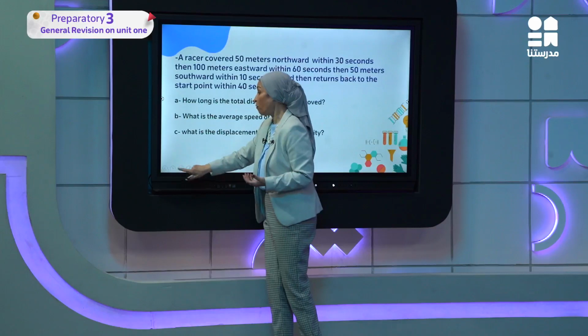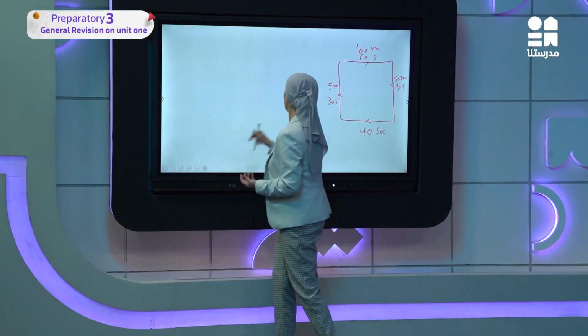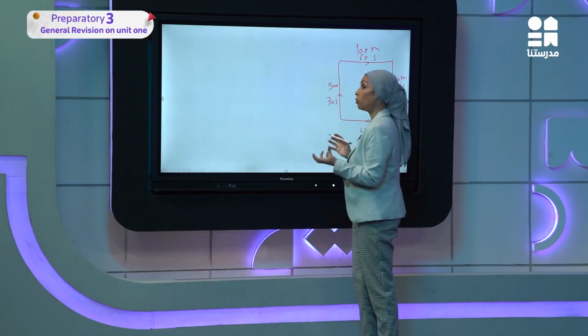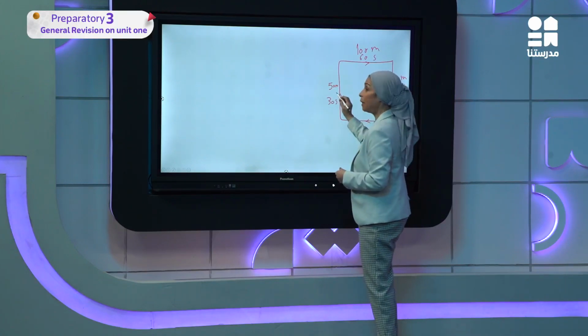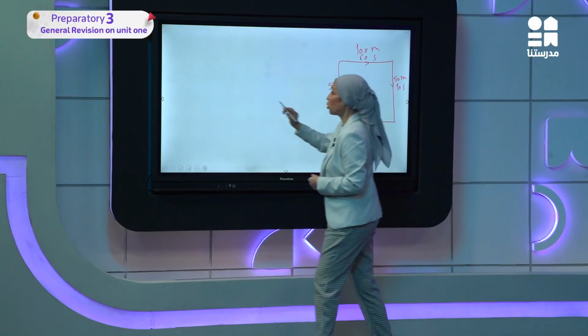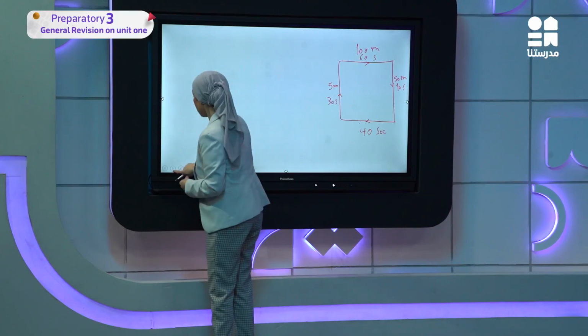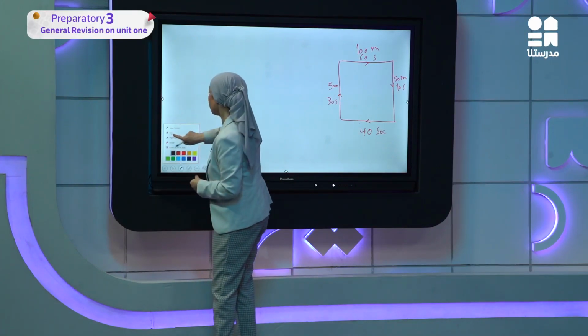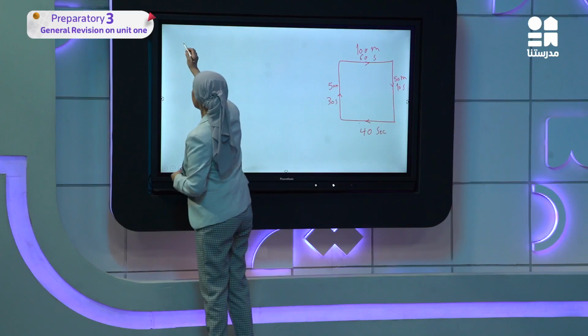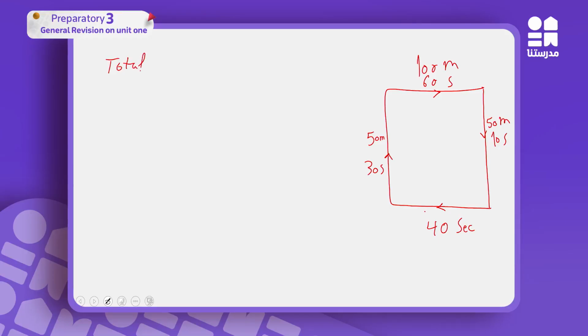I have a rule to calculate the total distance. It's very easy. Total distance equals how many distances I have: the first distance, the second distance, the third distance.